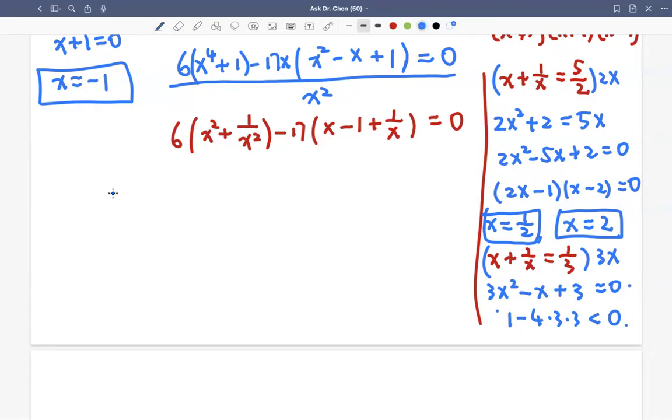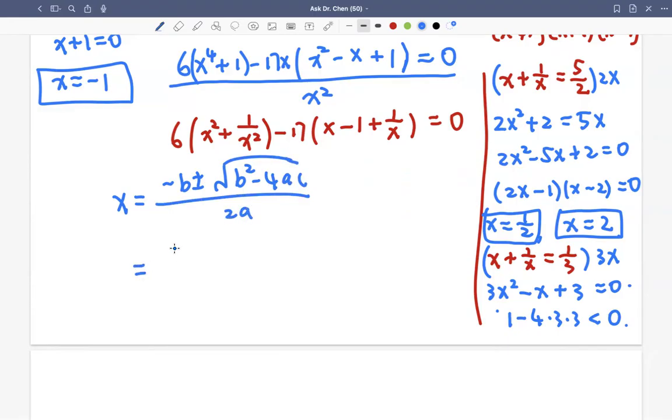So remember x equals negative b plus minus the square root of b squared minus 4ac, the quadratic formula, divided by 2a, right? b is the number before x. Negative 1 becomes just 1, 1 plus minus the square root of negative 1 squared is 1, minus 4 times 3 times 3, divided by 2 times 3.